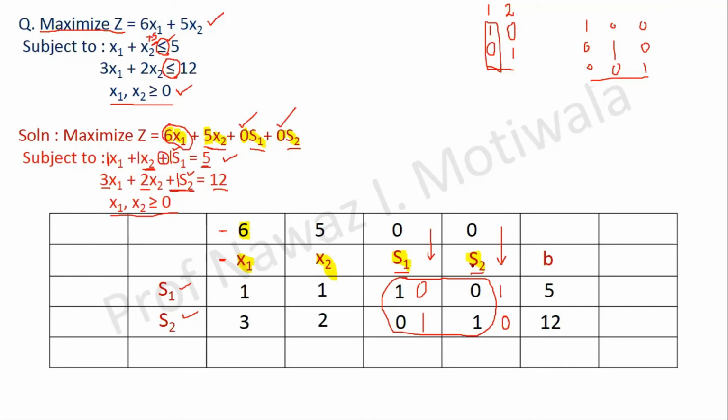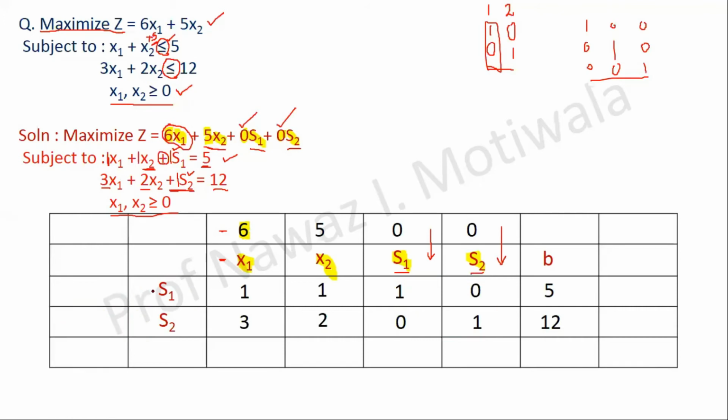But now what is the order? The order is S2 and S1, because 1, 0 is occurring on S2. So if this were the case, I would have written here S2 and then S1. Hope you understand the logic of writing it out.